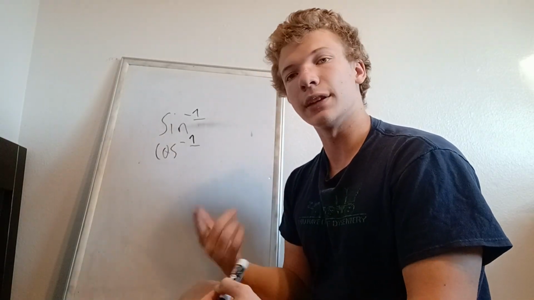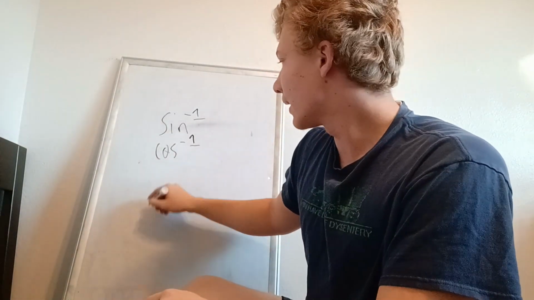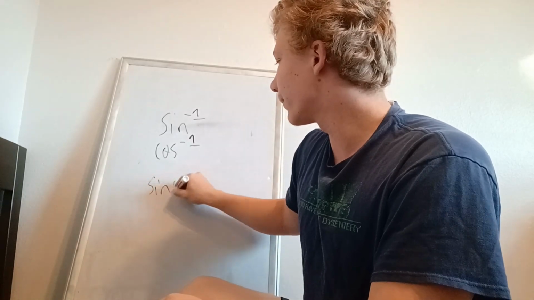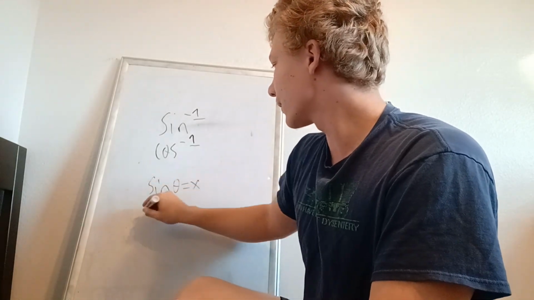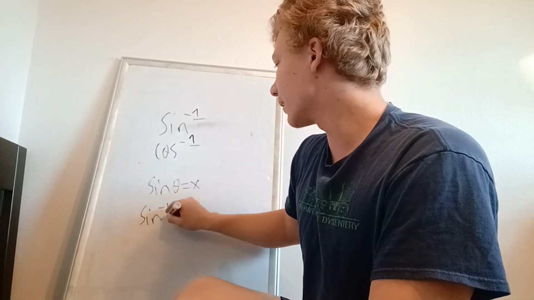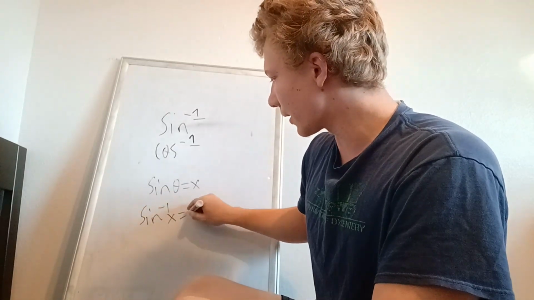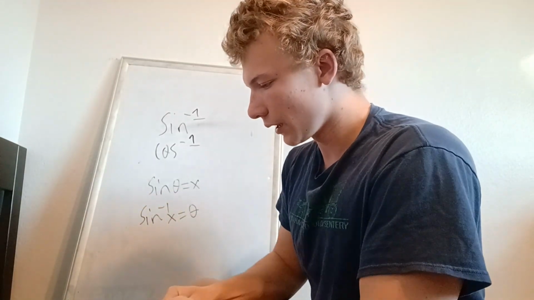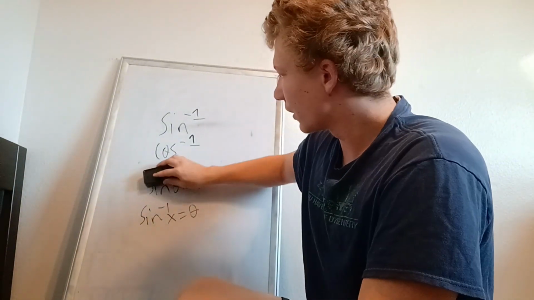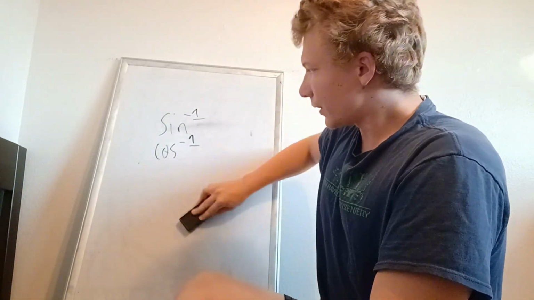The -1 notation showing that it is the inverse operation, such that if sine of theta equals x, then arcsine of x equals theta. Okay, so the inverse function to the normal trig functions. What would the derivative of such a function look like?